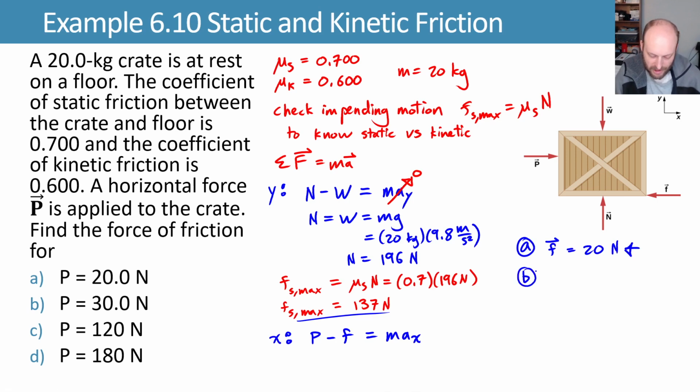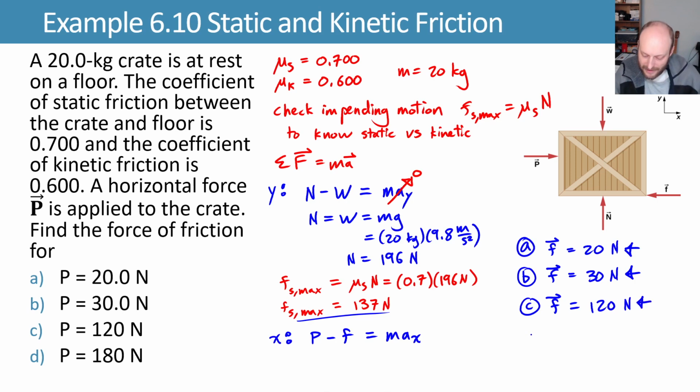For B, it's the same thing. The frictional force is just what it needs to be, 30 newtons. Part C, same deal. We're still under that maximum allowable frictional force, so we end up with just enough frictional force to keep us from moving.